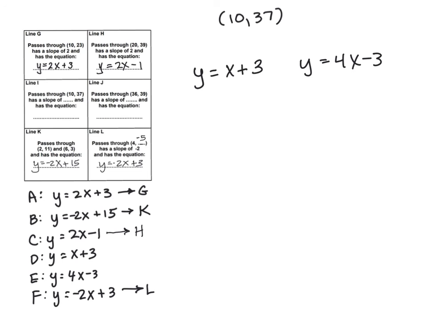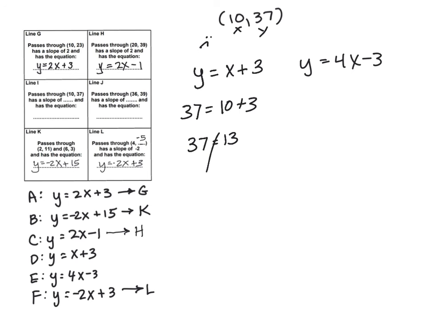So this point is only going to work for one of these lines. So let's try the first one. Remember, there's x and there's y. If this point is on this line, then 37 would be equal to 10 plus 3. Is 37 equal to 13? No. So this point cannot be on this line.